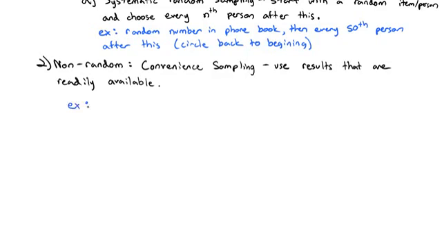As an example, let's say I need to collect 50 data values for a survey, so I'm just going to interview people nearby me. Or maybe people within driving distance. Maybe the friends on my Facebook friend list. Something convenient and easy to get a hold of.